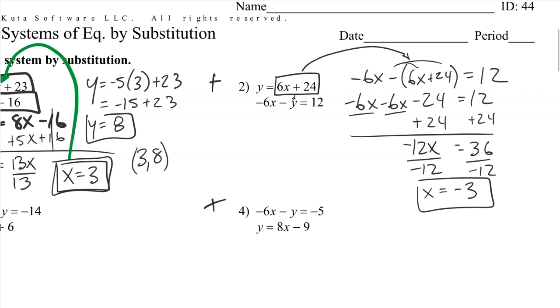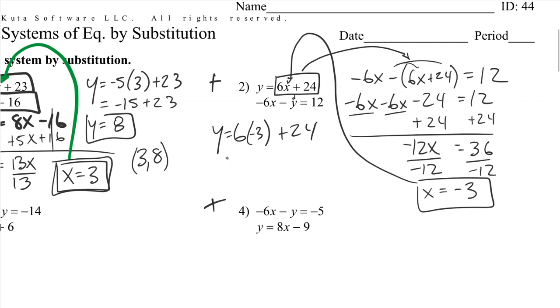So if x is negative 3, we'll take this value and we'll sub it into our other equation. y equals 6 times x plus 24, and we're substituting in a negative 3. That makes negative 18 plus 24. So y equals, what's that make, 6? So our coordinate is negative 3, 6, where those lines intersect each other.